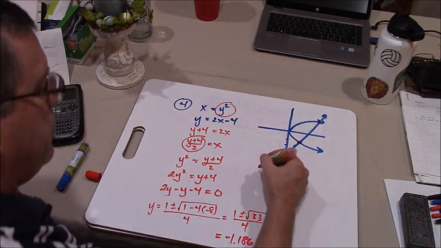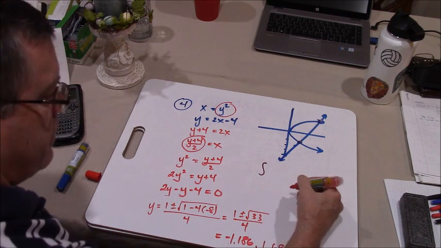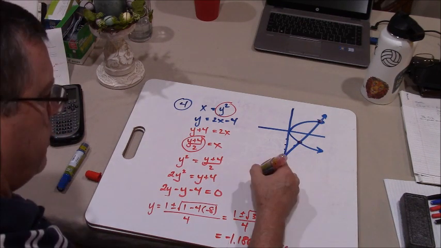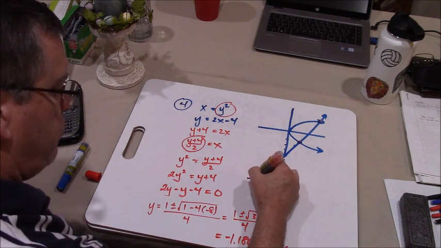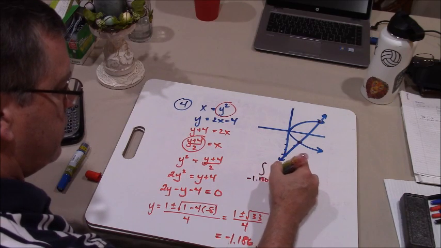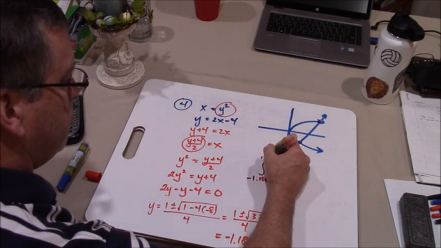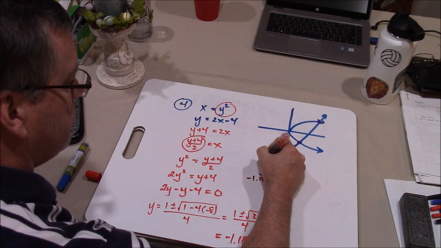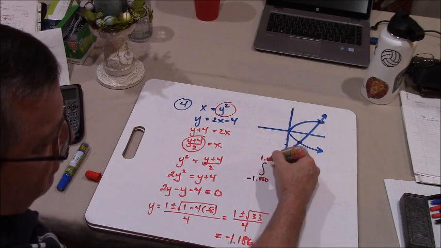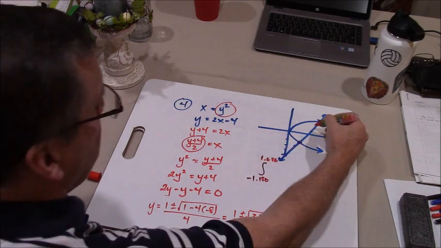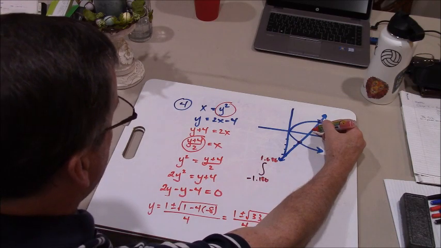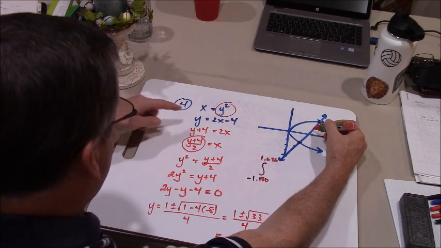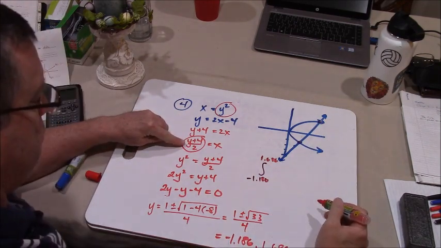Now I just need to set up my integral. So I've got an integral that goes from a negative 1.186 to a positive 1.686. You can just do the integral from a to b if you want. My top curve is the line, and that comes from this equation.